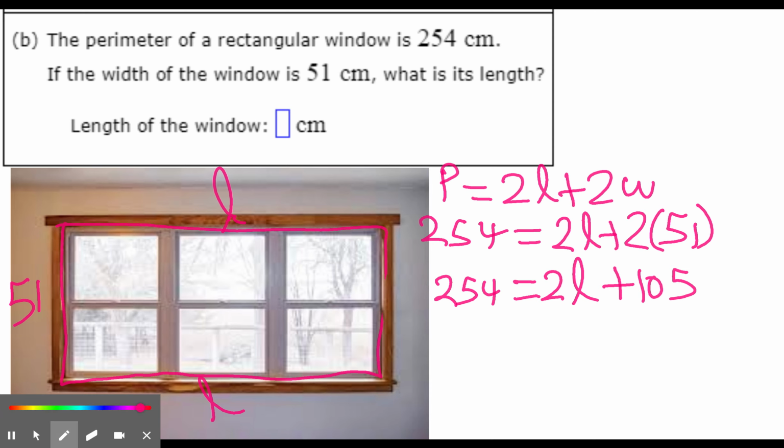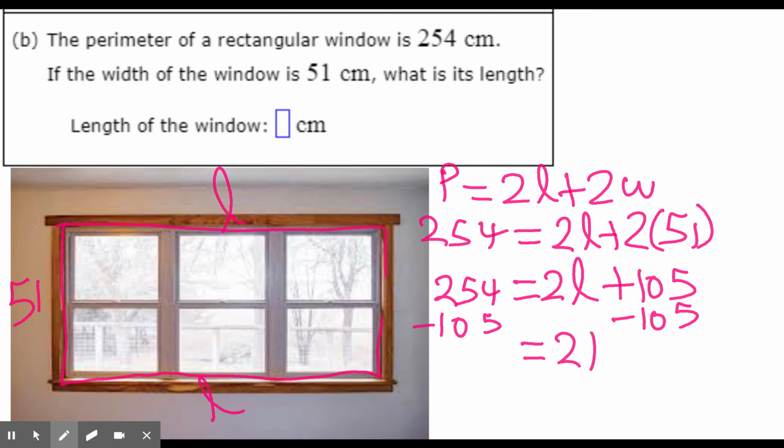All right, now we can solve by subtracting 105 from both sides. And we're left with twice the length is equal to, have to do some borrowing. Oh, no, sorry. Add a 1. 149.